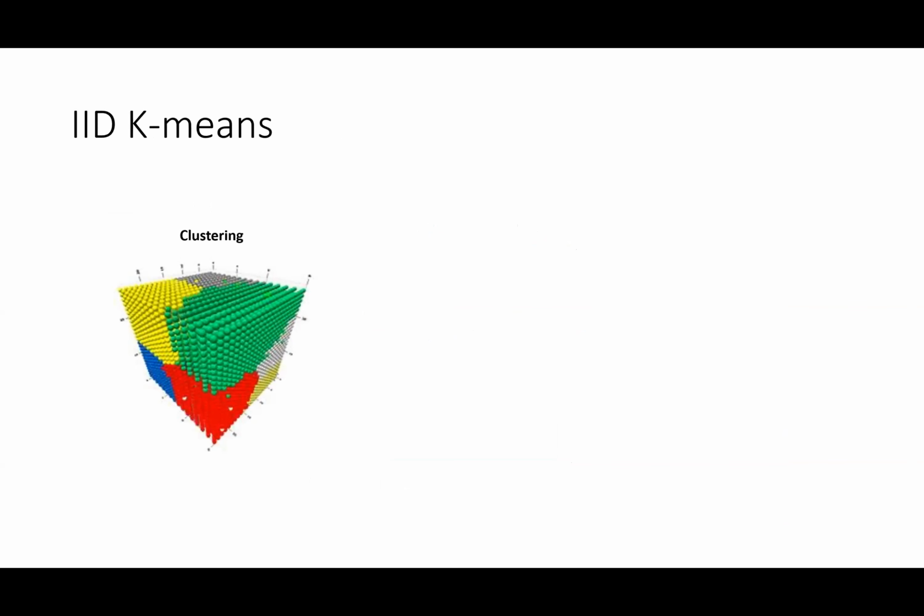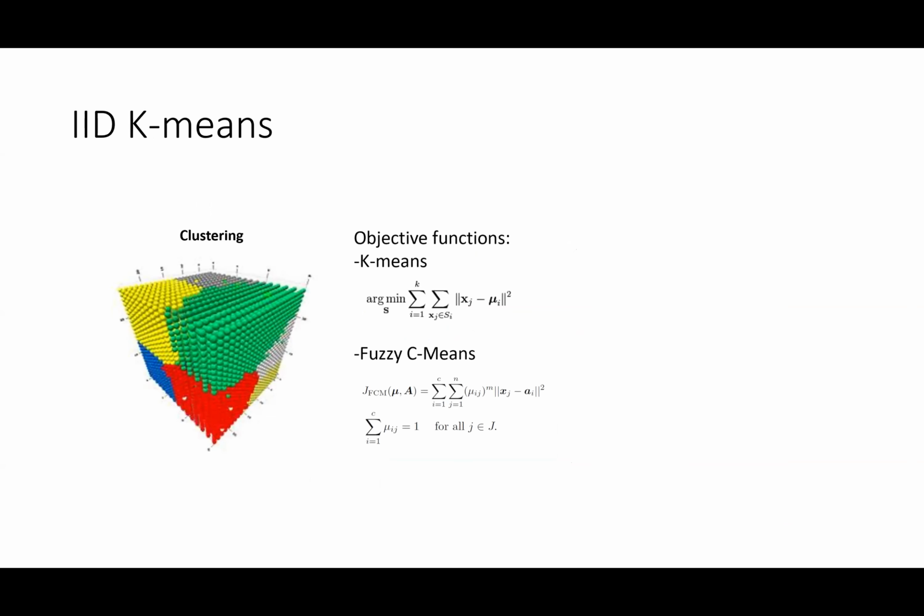So let me give you a little more information. For example, there's the K-means model, which I think everyone knows here. You have the objects, and given each sample, we want to calculate the distance between the sample and a given mean, basically the center of each cluster.